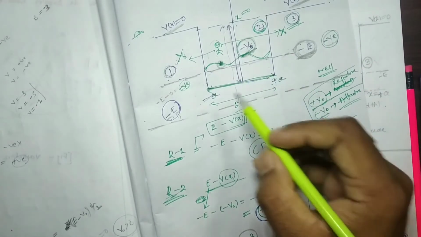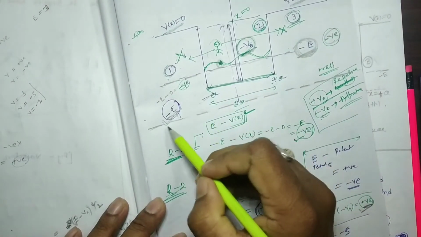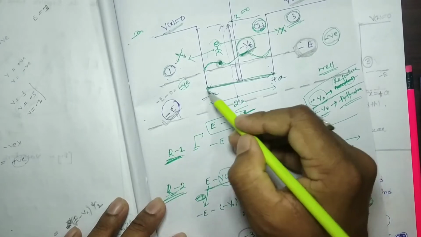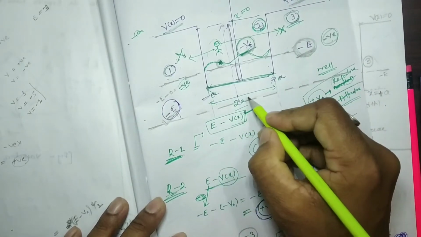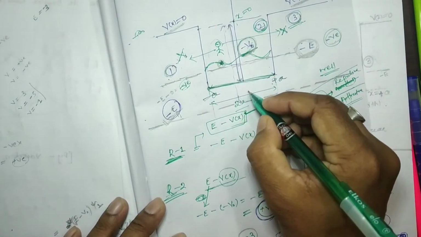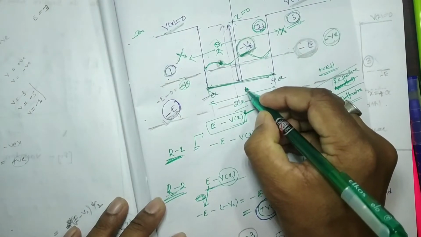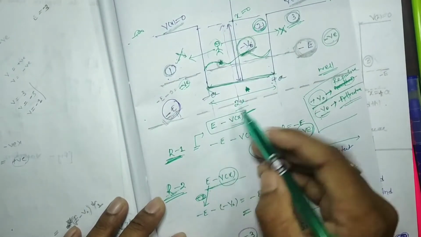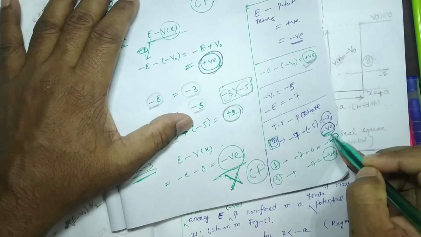So if we consider minus E as the total energy of the particle in this region 2, suppose initially it is here, it will remain here, it could not be moved, because we found total energy minus potential energy is a negative value.